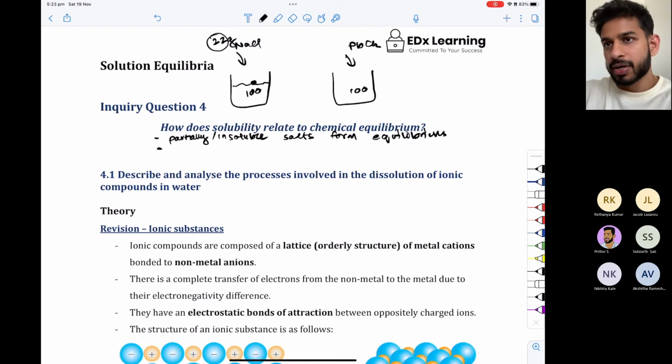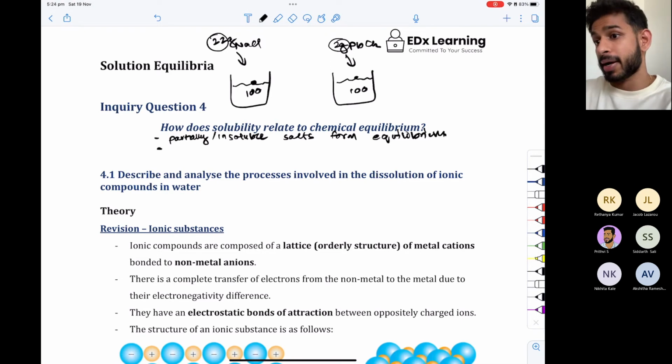Whereas with lead chloride, it could be that even after adding 2 grams, I start to see a precipitate form in the water. But does everyone agree 2 grams of lead chloride still dissolved? Being insoluble doesn't mean no particle will dissolve.